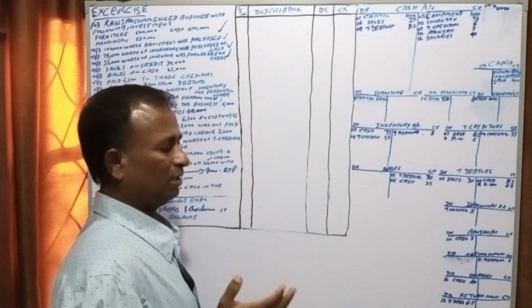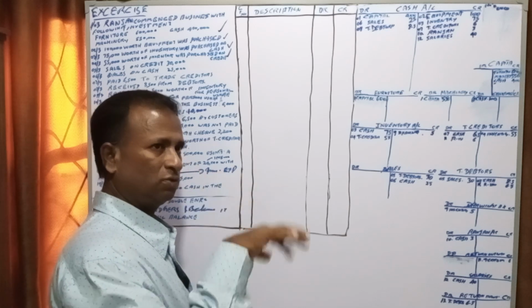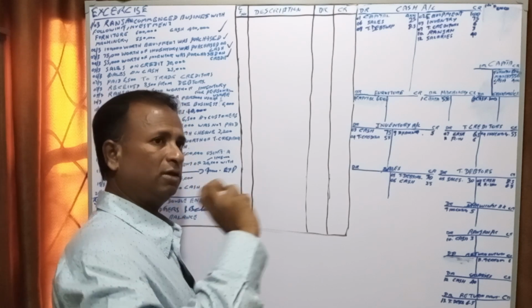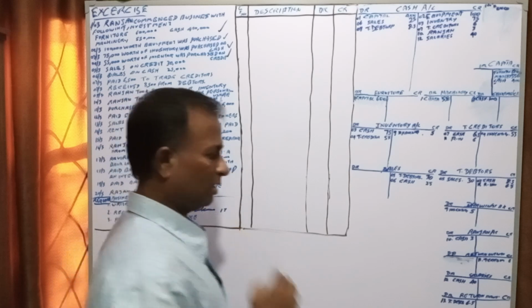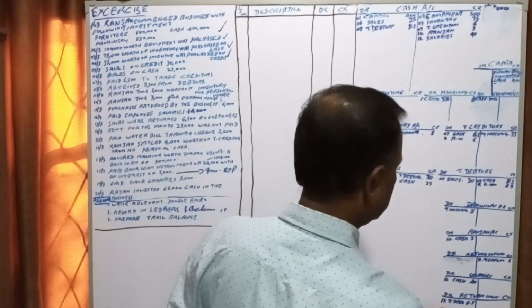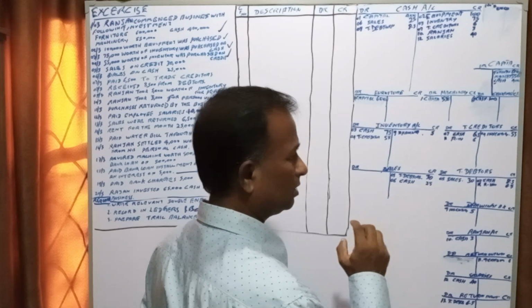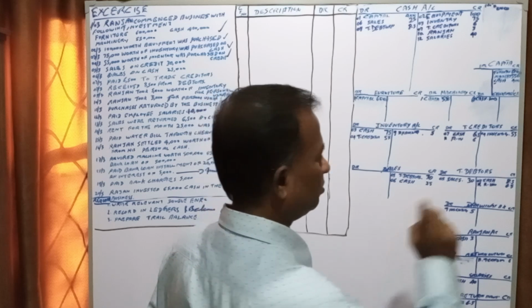When we make sales, the goods go out. When the debtor returns the goods, they are coming in. So sales return account is debited 6,500, and the debtors amount is going to decrease, so it has to be credited.